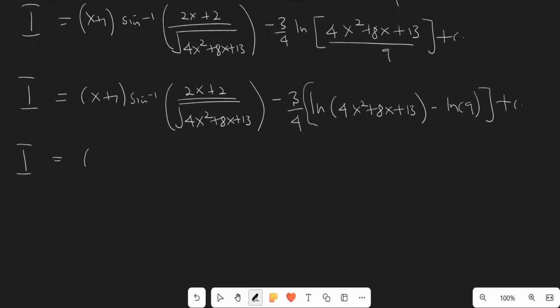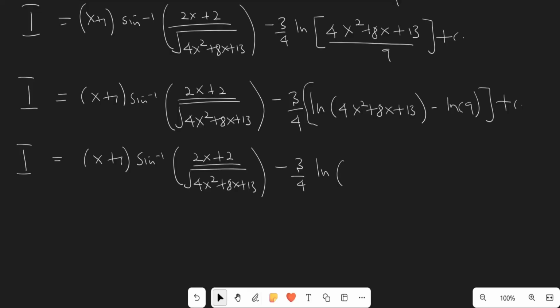So I is going to be (x plus 1) sine inverse of (2x plus 2) all over the square root of 4x squared plus 8x plus 13 minus 3 over 4, the ln of 4x squared plus 8x plus 13, and then plus 3 over 4 ln of 9 plus the constant.